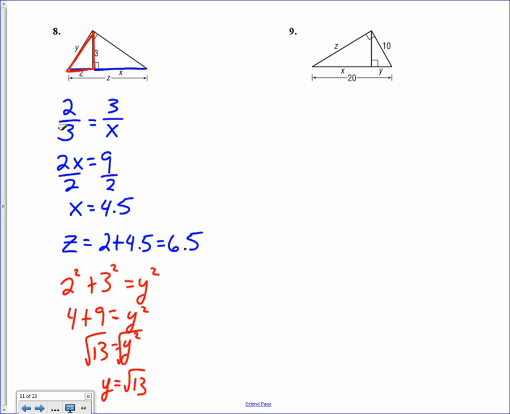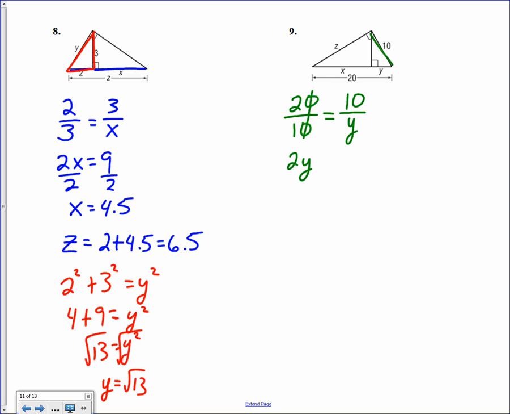So we have 20 over the hypotenuse of the smaller triangle, which is 10, equals 10, which is the leg of the large triangle over its corresponding leg, y. We can simplify. We actually have 2 over 1.